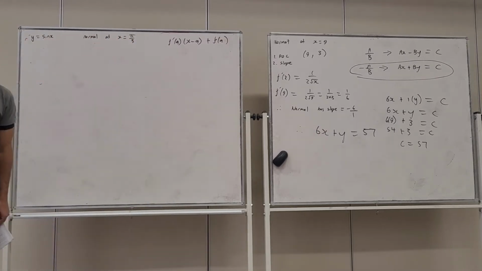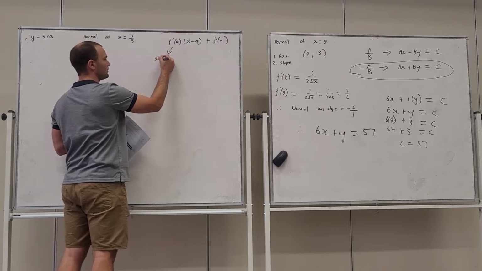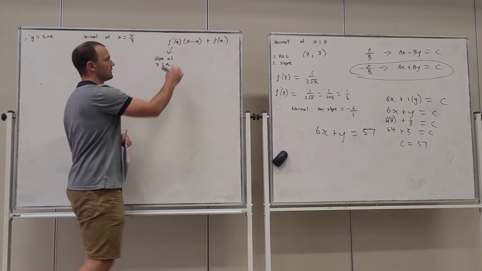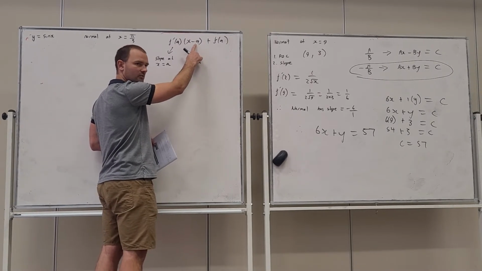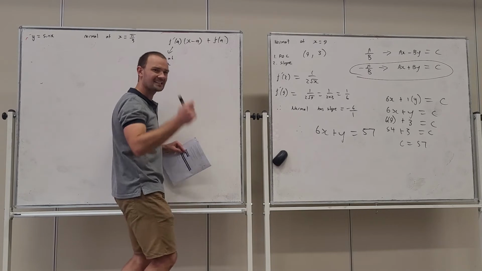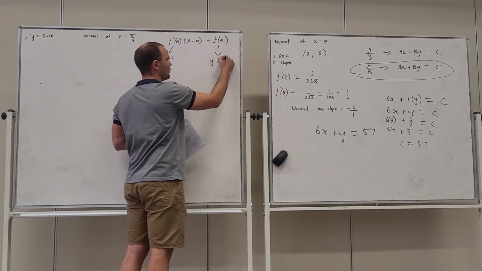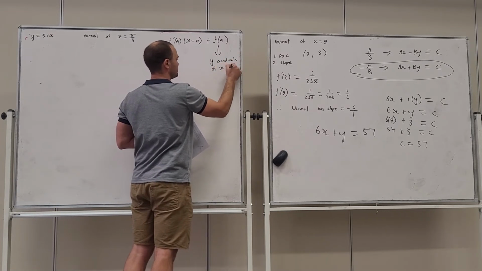Let's describe what this means. This is the slope at x equals a. That stays as x. This is the x coordinate of the tangent. So we're talking about the tangent at x equals a. And this is the y coordinate at x is a.